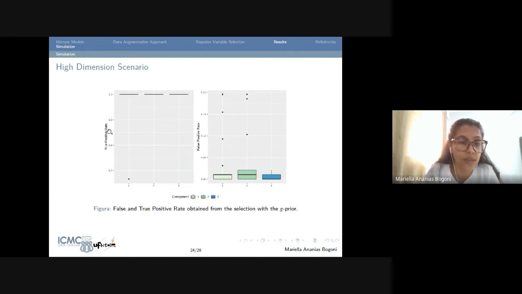Here in the true positive rate, we see that in all the replications, the TPR was equal to 1, which means that the method could select correctly the variables in all the replications. And the same for the FPR. The FPR of the models in each component is distributed close to 0, which also indicates a good performance in the variable selection.